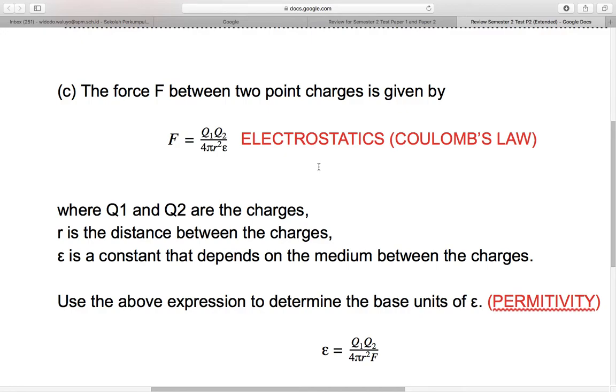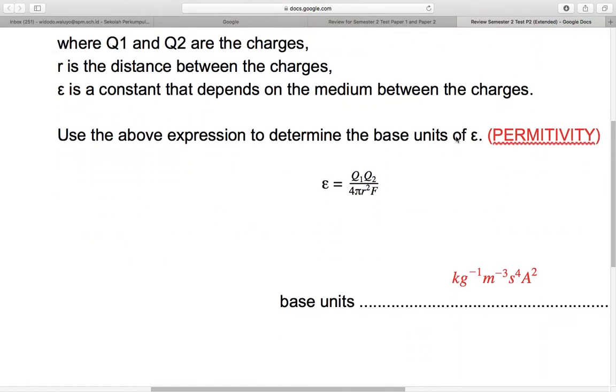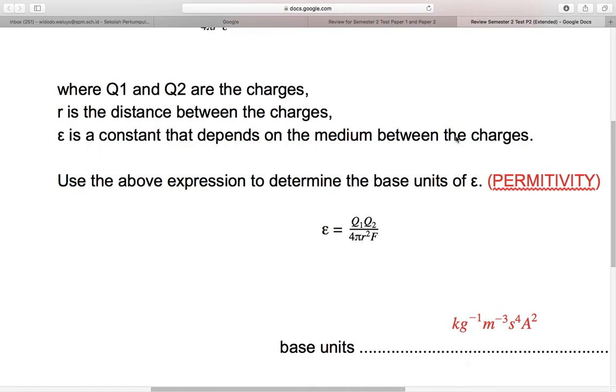If we rearrange the equation F equals Q1 Q2 divided by 4πr squared epsilon, we can say epsilon equals Q1 Q2 divided by 4πr squared F. From this equation we can find the base unit of epsilon.